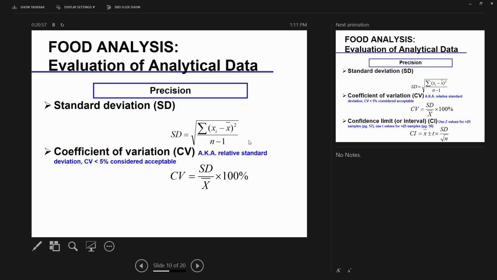In real life, Dumas is very precise. But in this case, you don't need to calculate coefficient of variation. You have similar means. The standard deviation is enough. You can say this method is more precise than this method, which is not necessarily true in real life, but just for the sake of example.